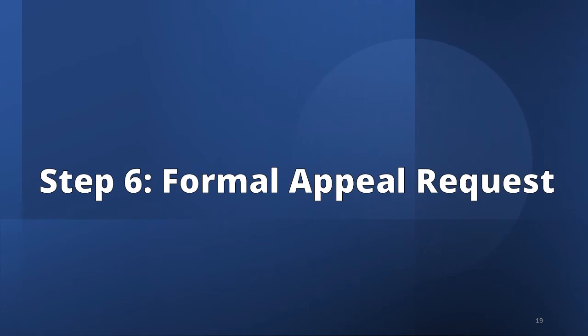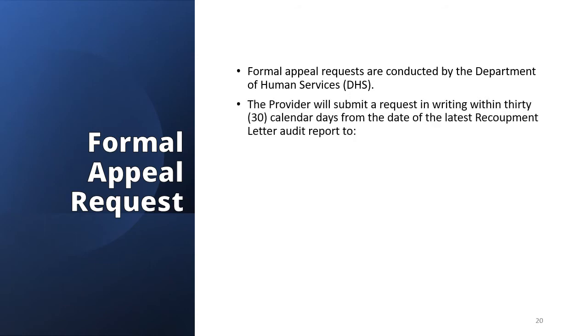Step 6. Formal appeal request. The provider may also submit a formal appeal. Formal appeals are conducted by the Department of Human Services. The provider may submit a request for a formal appeal within 30 calendar days from the date of the recoupment letter.